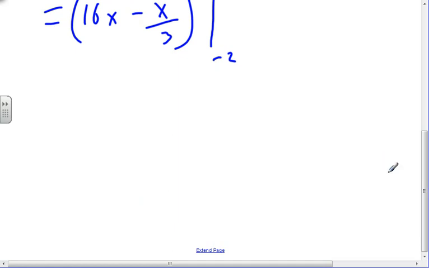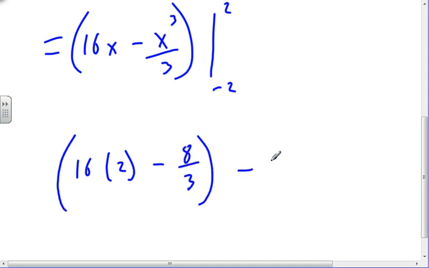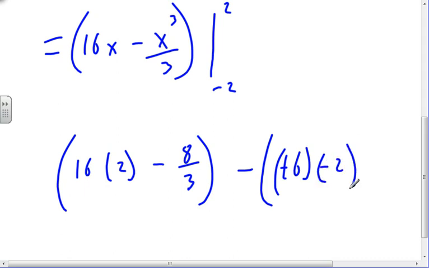Okay, so we're going to have 16 times 2 minus 8/3, minus, well, 16 times -2 plus 8/3.